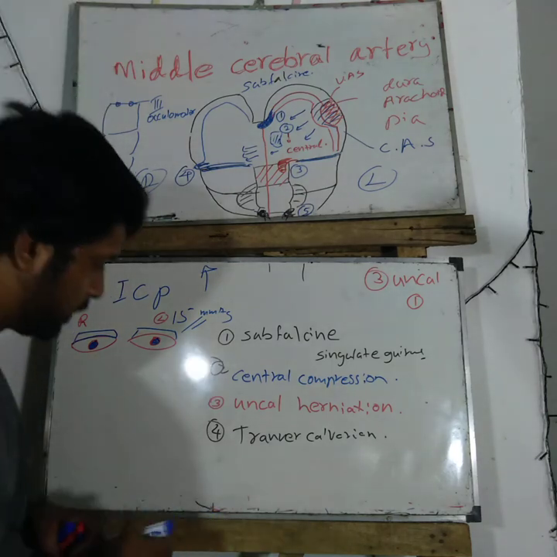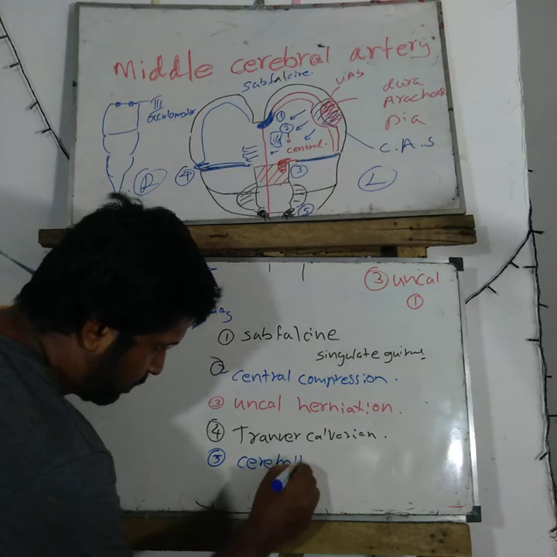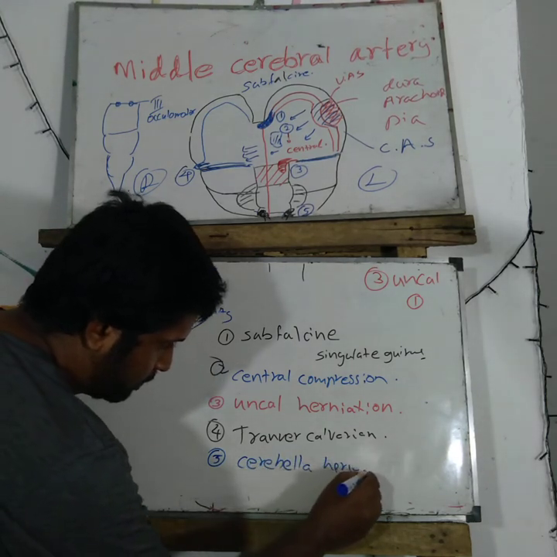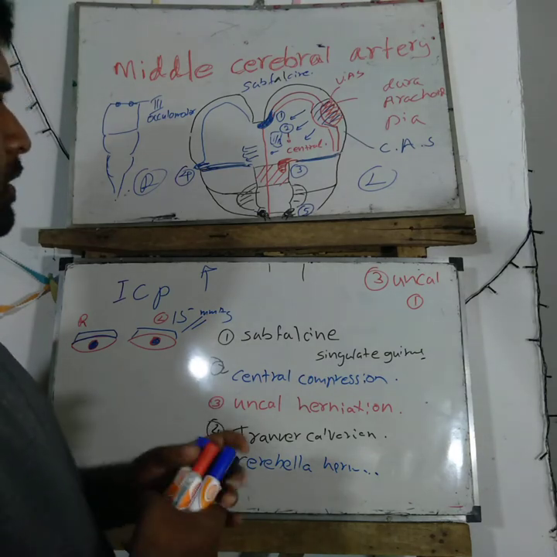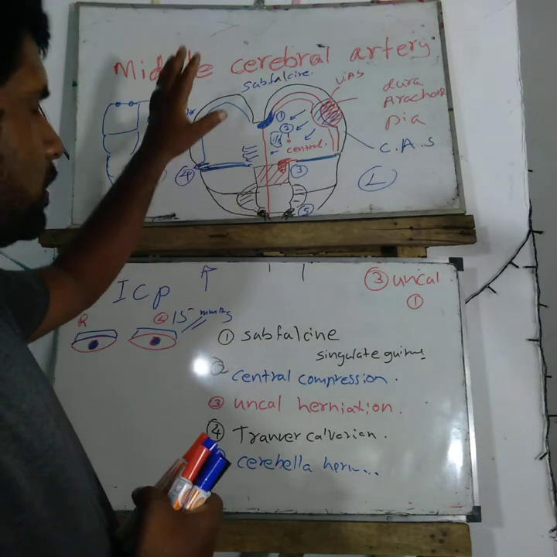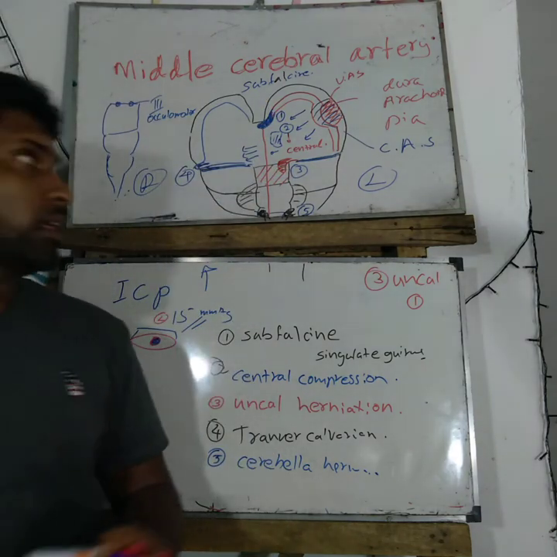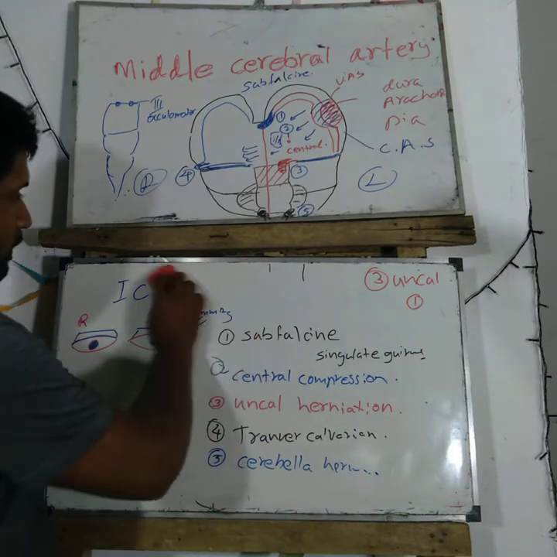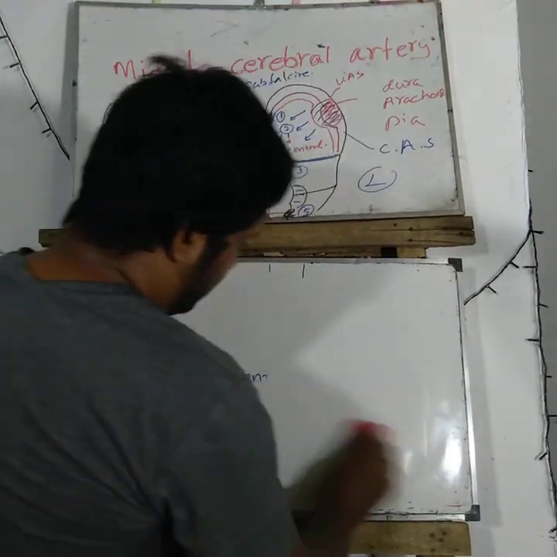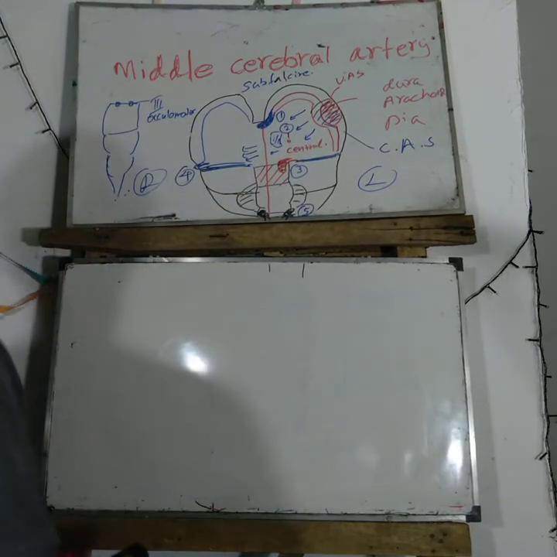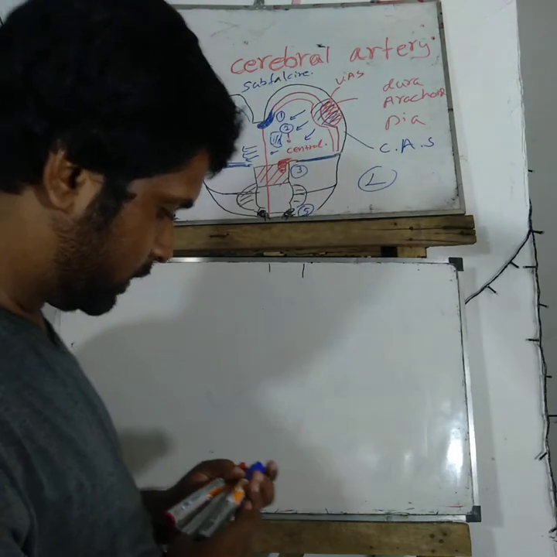And the fifth one is cerebellar herniation. Alright, due to this reason, now we are going to discuss how we can understand externally that intracranial pressure is going upward.